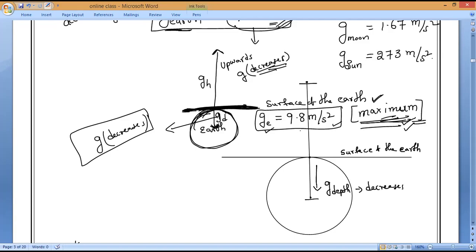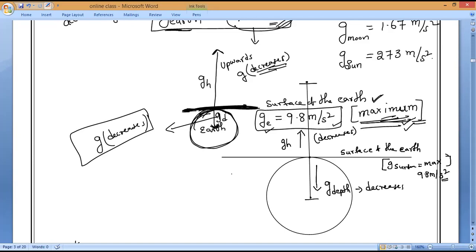And as I go above in height, what will happen to the g value? It decreases. And at the surface of the earth, the g value is maximum. So what is the maximum value? 9.8 meter per second square.